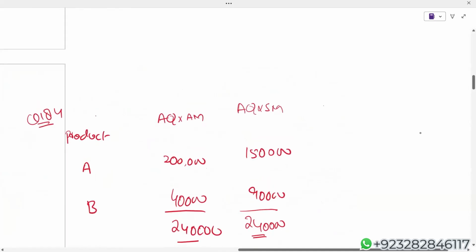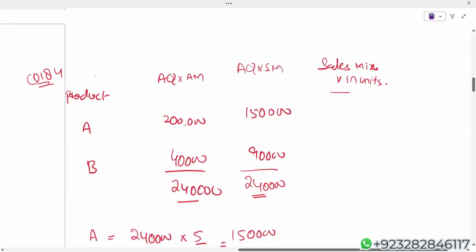Simply, sales mix variance in units. Students, if you recall, the sales mix variance in units total has to be 0. Is that clear?